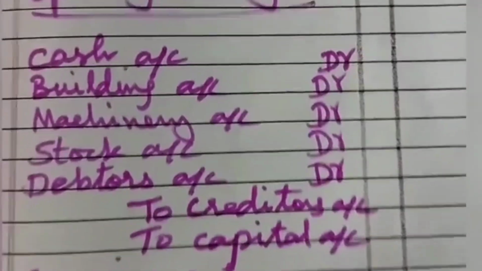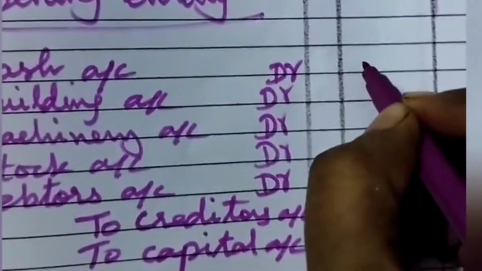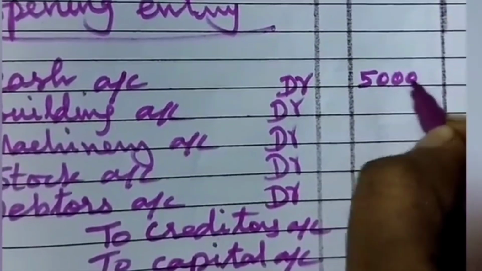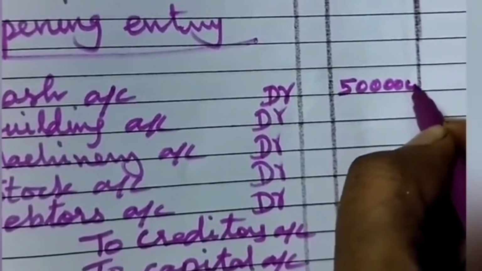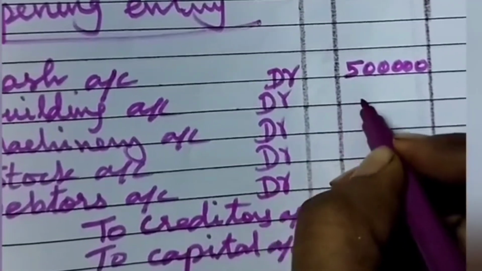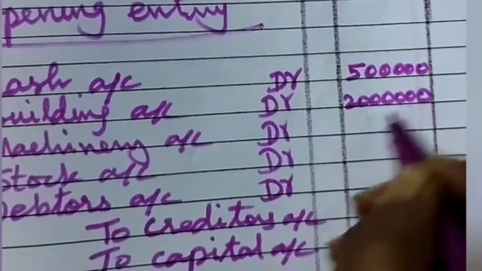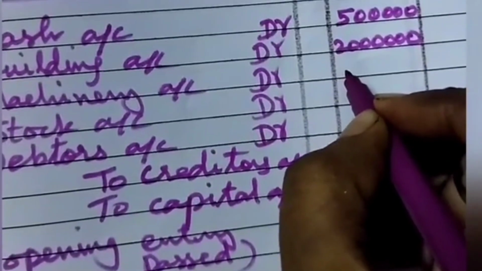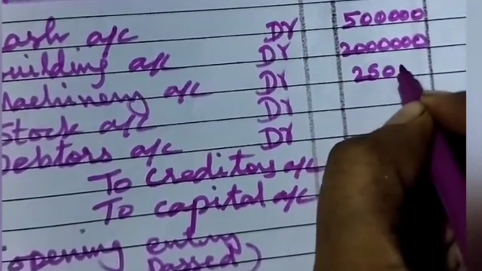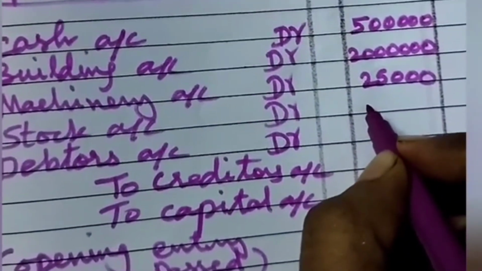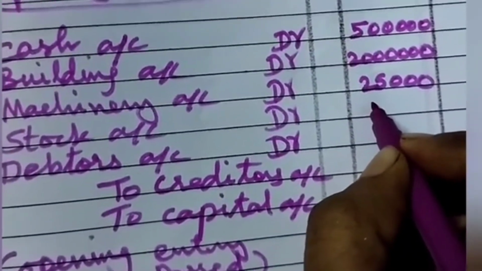Okay, what are the amounts? Cash 5 lakh. In the debit you have to write 5 lakhs. Then building 20 lakhs. Then machinery 25,000. Stock how much? 50,000.